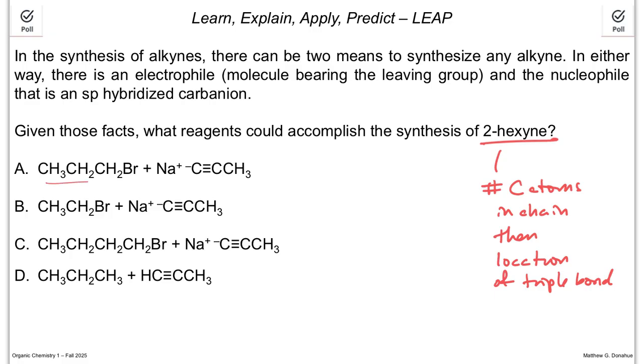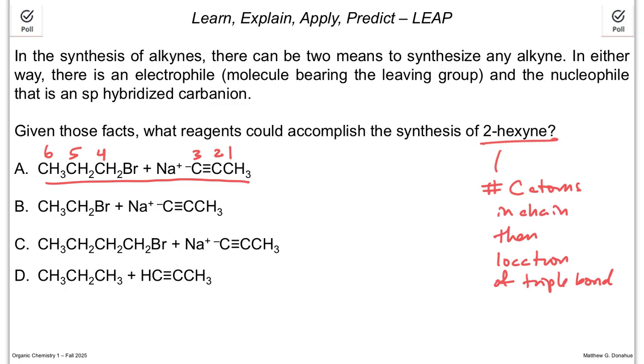So A is the best answer here. We have this sodium alkynolide. This would be carbon 1, carbon 2, carbon 3, carbon 4, carbon 5, carbon 6. So the nucleophilic carbon attacks the electrophilic carbon. That makes the alkyne with the triple bond at the correct position starting at 2.